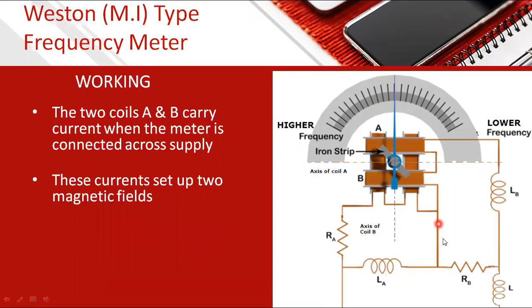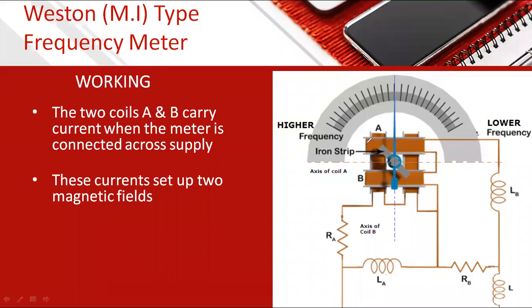Suppose we just cut open coil B and we just excite coil A, then what happens? If coil A is excited and coil B carries zero current, then there will be a magnetic field set up by just coil A. How will the magnetic field be? Please check in the figure.